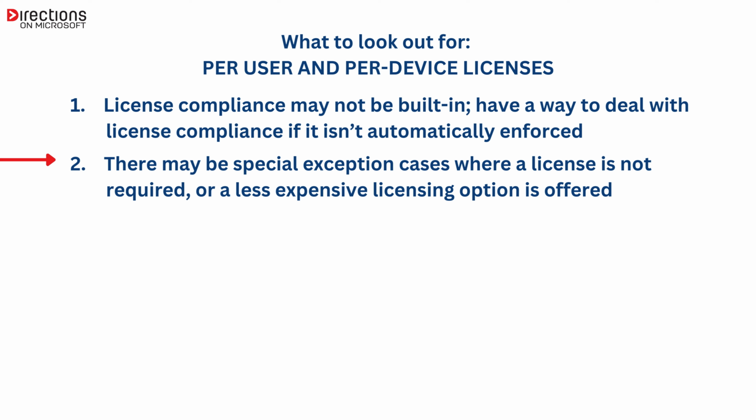While these exceptions are not very common, you want to exploit them when they do exist. For example, sometimes Microsoft provides special licensing exceptions for use of your Microsoft product deployments by people not under your direct employ, such as outside contractors. So be on the lookout for special exceptions.